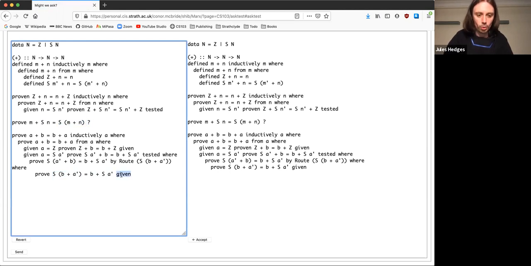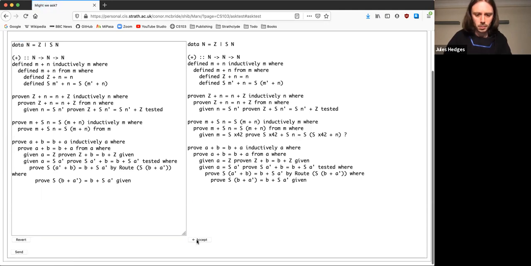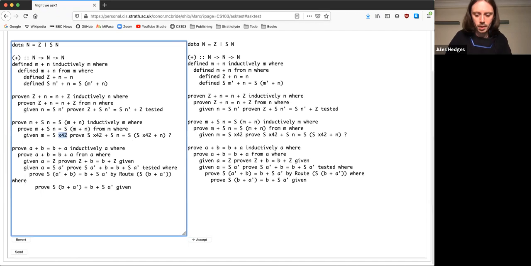So given is also smart enough to be able to try all the equations backwards. Okay, now this proof here is another easy one. I can say inductively m, where prove plus sn equals sn plus n from m. And now, again, ask will solve the base case by itself. And the other one goes through by tested.